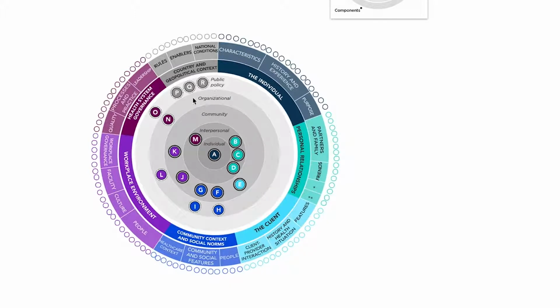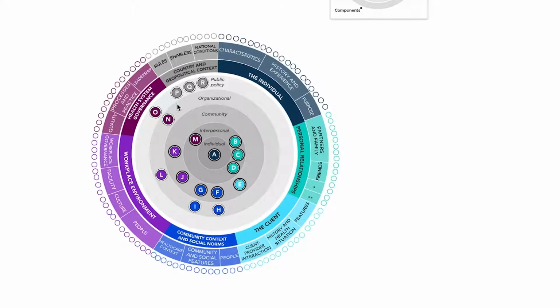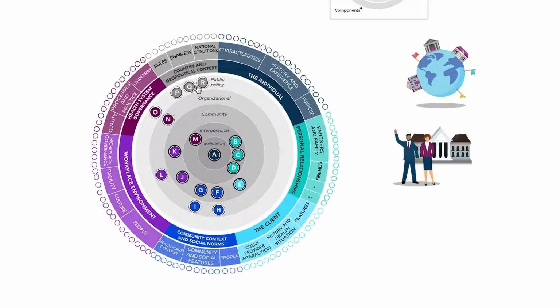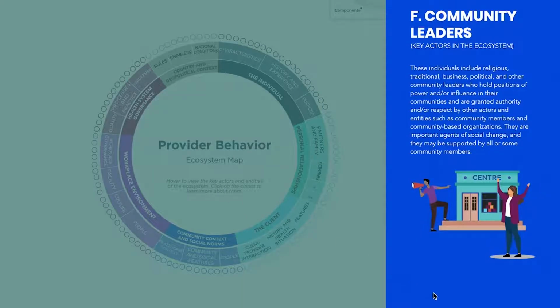You can also see that the actors and entities are colour-coded to match their related influence factor in the map. For example, these circles, international bodies, government agencies and donors, are grey to show their connection to country and geopolitical context. You can click on the lettered circles to learn more about them and how they shape provider behaviour.